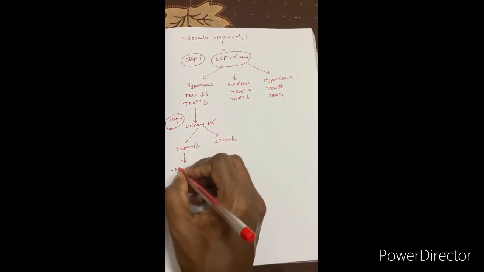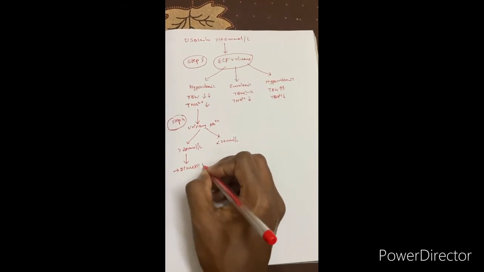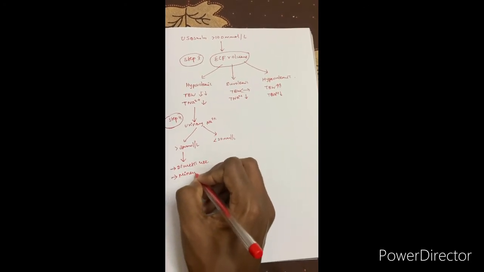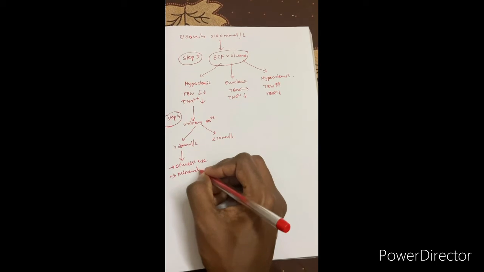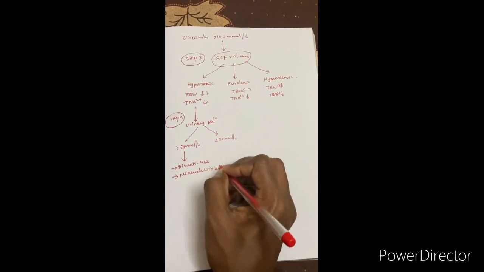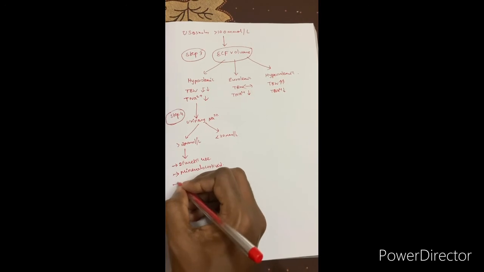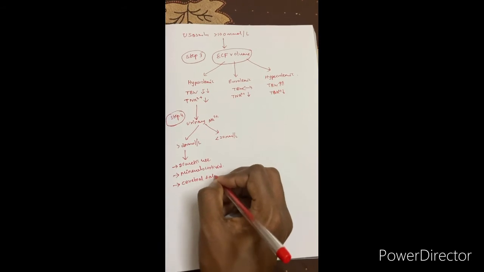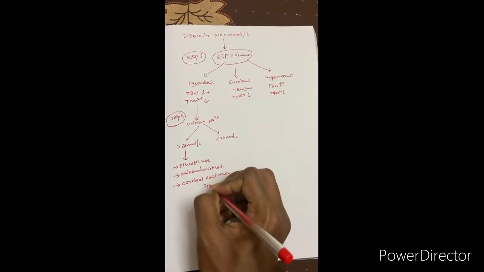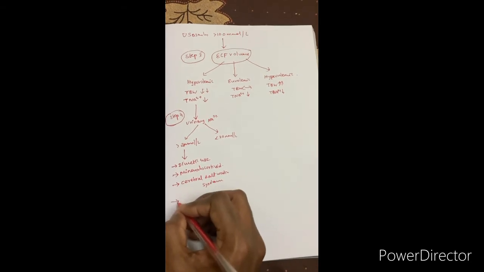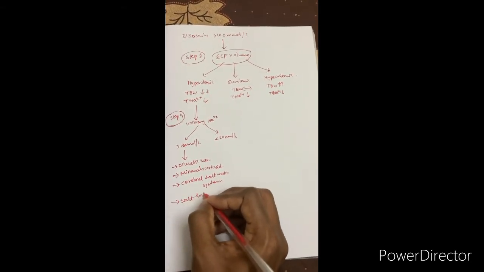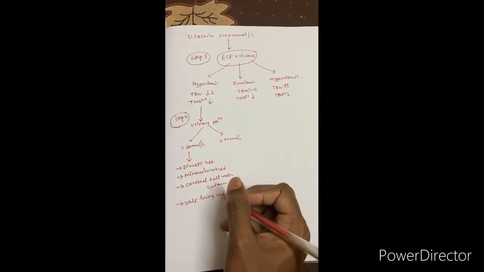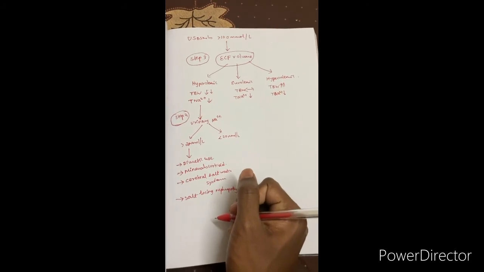Renal, maybe the patient is using diuretics, and diuretics may cause loss of sodium, or else the patient has some mineralocorticoid deficiency so that aldosterone production is decreased, so sodium and water absorption will be decreased, or cerebral salt wasting syndrome, or the patient has salt losing nephropathy. These are some of the conditions in which there may be increased sodium fractional excretion resulting in hyponatremia.